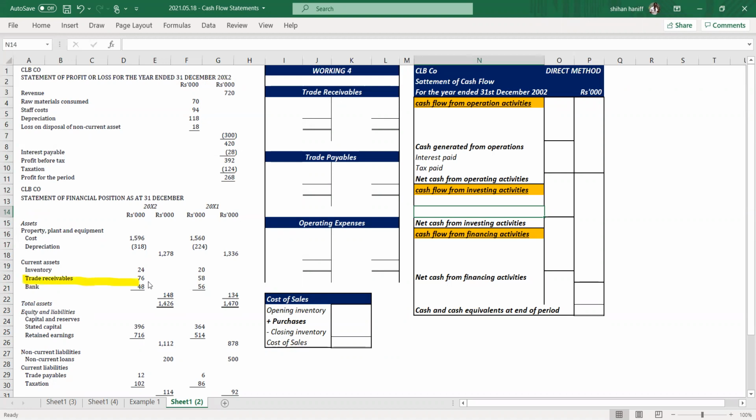Look at trade receivables, trade payables, inventory.